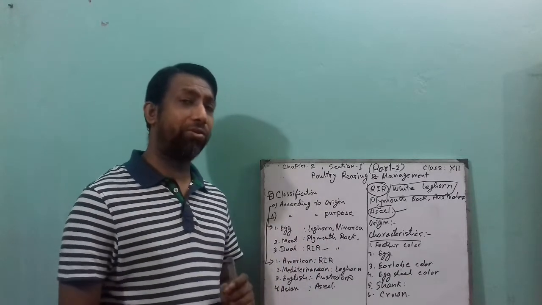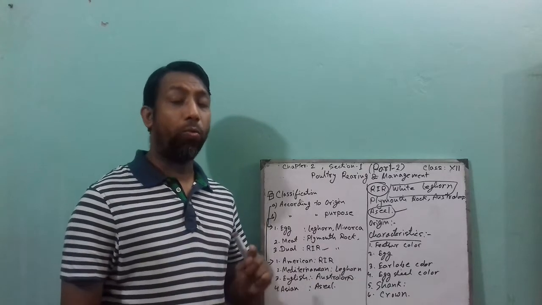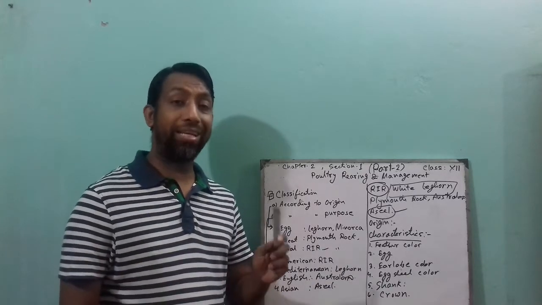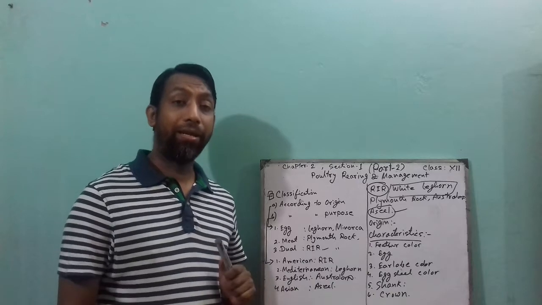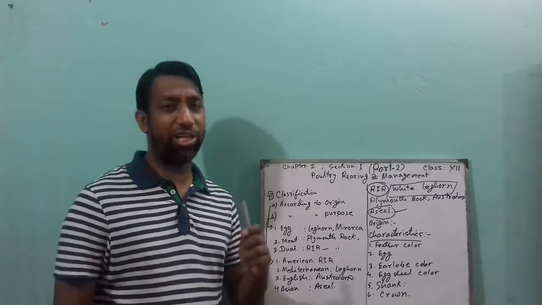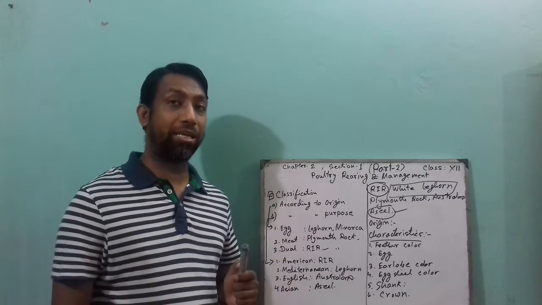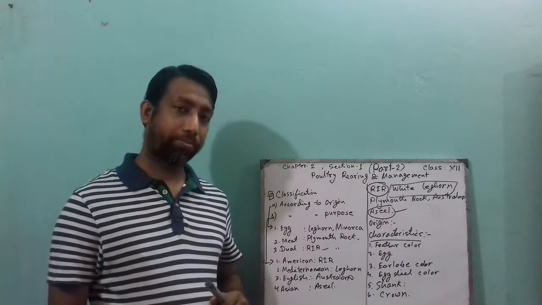Even if they ask you in the CQ question, Mr. Rohim rears one type of chicken which is very industrious and whose special character is fighting in the village fair, you understand that the answer of that question is Asil.